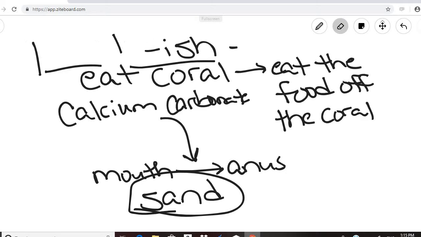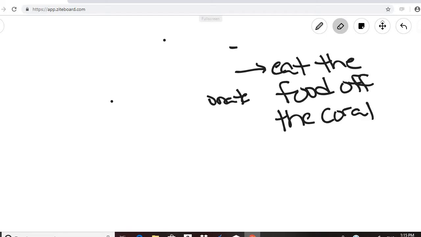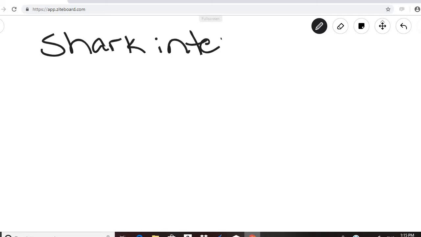So I did just talk a little bit about the digestive system. The members of the fishes do have a complete digestive system, mouth to anus. If you look at a shark intestine, I wish we had a picture of this, but I don't, they actually have a valve that's kind of spiral shaped.